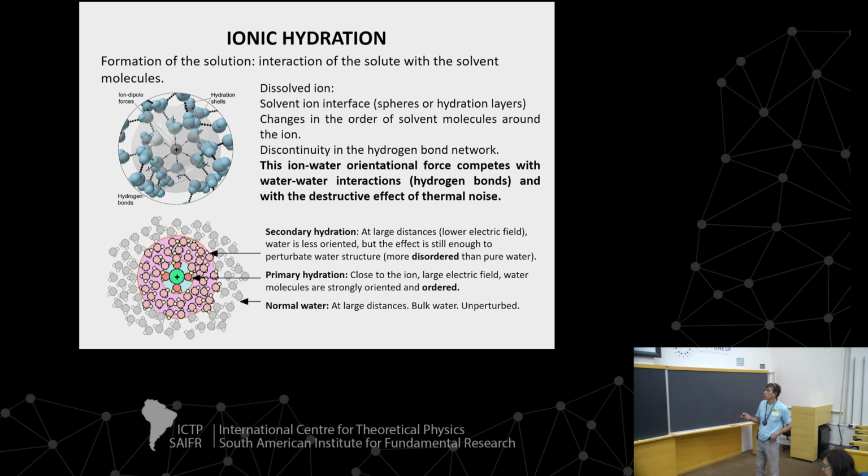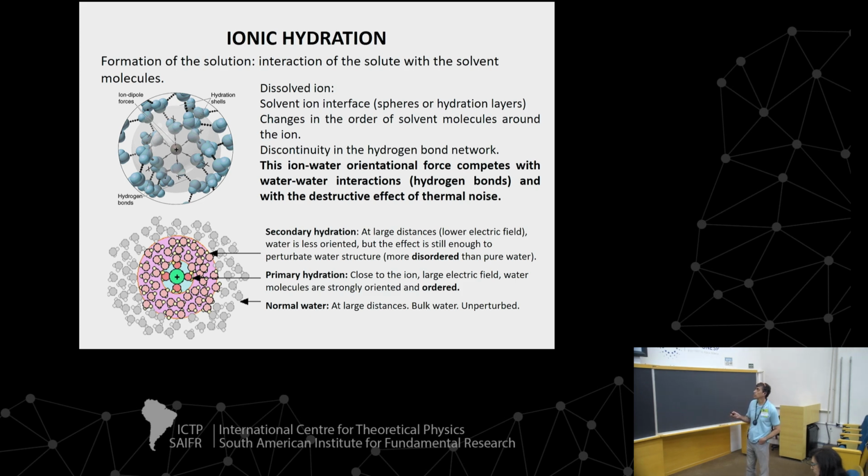Then we're going to have a secondary hydration, which occurs at larger distances where the electric field goes down, but this water is going to be less oriented, but they are going to still feel the effect of the ion. And in this sense, they can be more perturbed, and they can be more disordered than pure water. And then you are going to have a shell of normal water that at larger distances, water basically does not feel much this ion since it is screened.